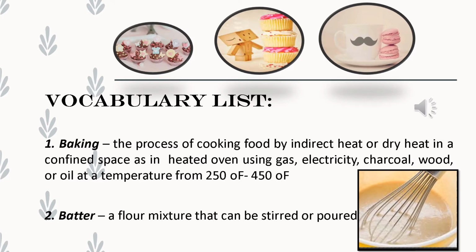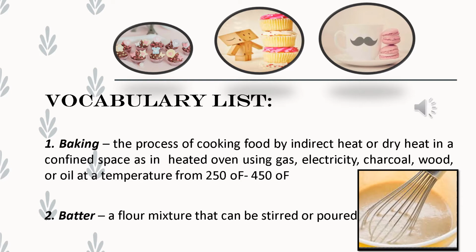The process of cooking food by indirect heat or dry heat in a confined space, as in a heated oven using gas, electricity, charcoal, wood, or oil at a temperature from 250 degrees Fahrenheit to 450 degrees Fahrenheit.